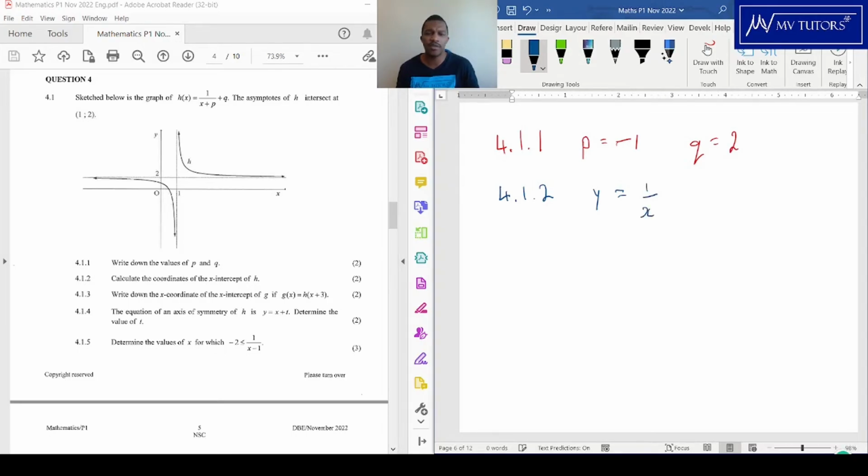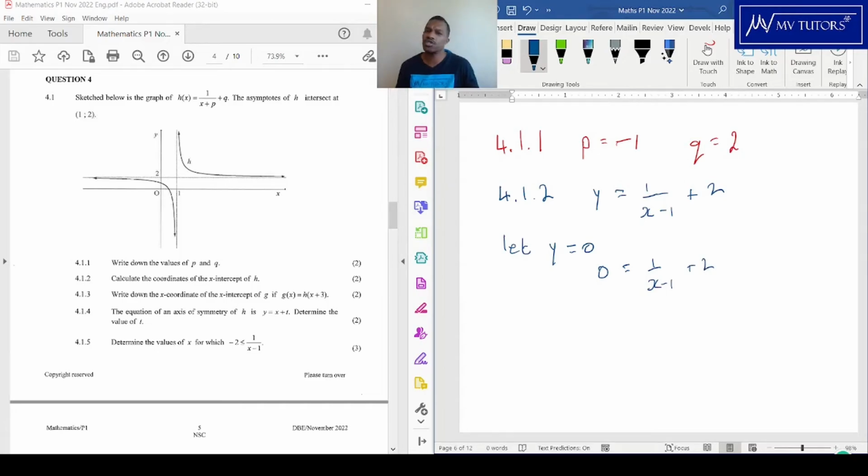We already know that p is minus 1 plus q is 2. So I'll put those numbers in, and since we're solving the x-intercept, let y equals 0. So we put 0 under y, 1 over x minus 1 plus 2.